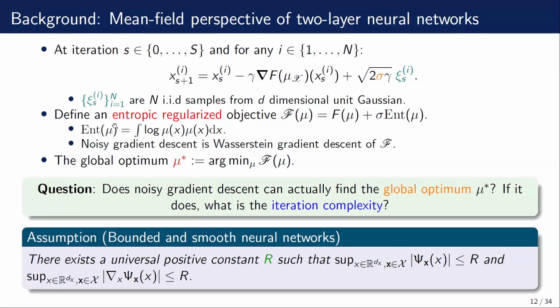Then we define an entropic regularized objective, denoted as this fancy F, which is the standard F plus epsilon times entropy.